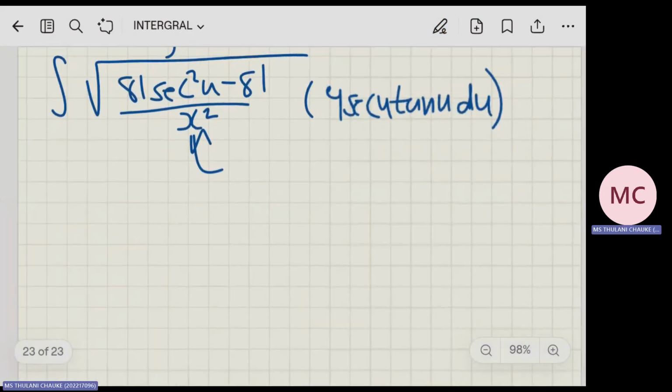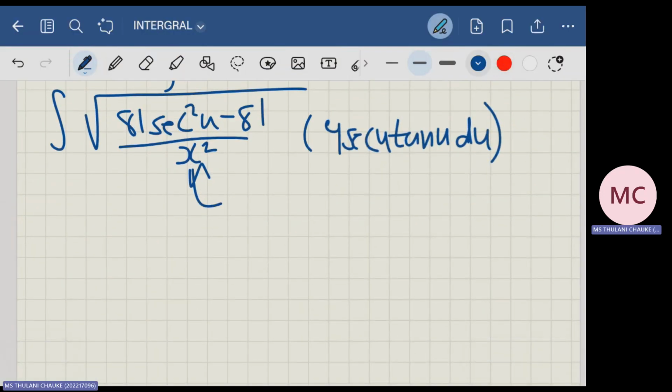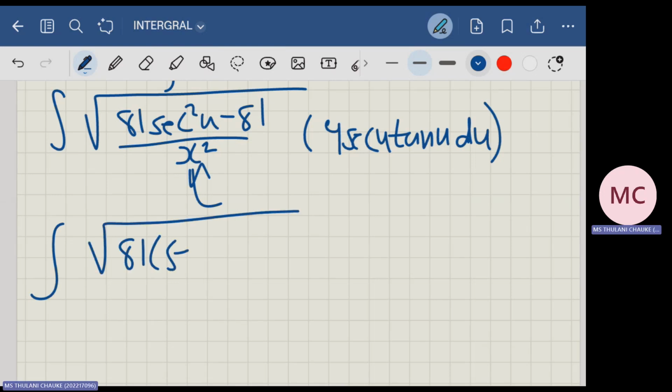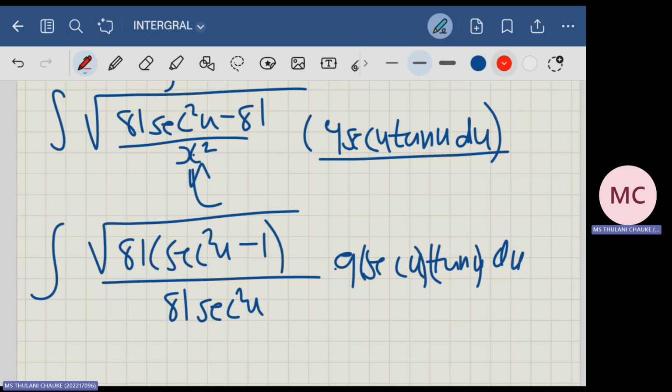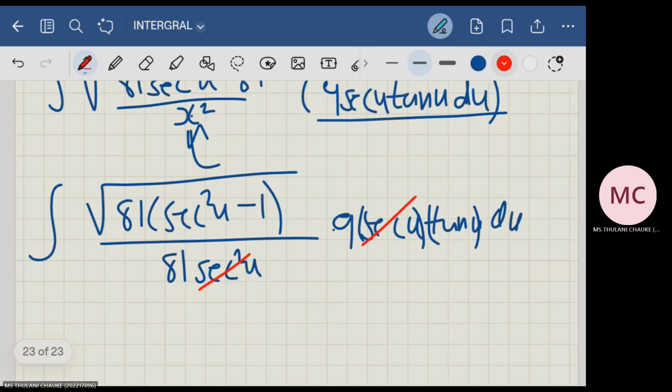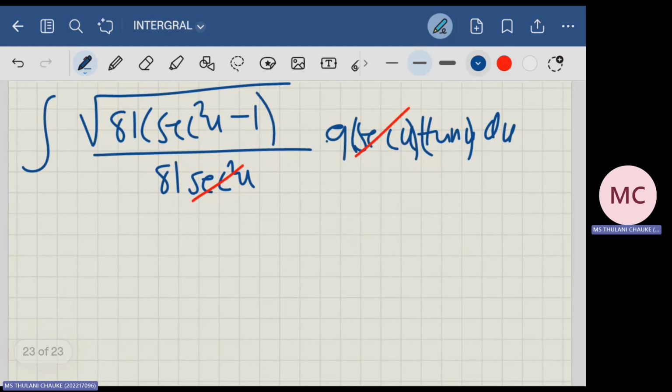So we'll have the integral of the root of, we take out 81, sec squared u minus 1, all over, where there is x squared, 81 sec squared u. Then we have 9 sec u tan u du. As you can see, these will cancel, but we'll be left with 1 sec u.